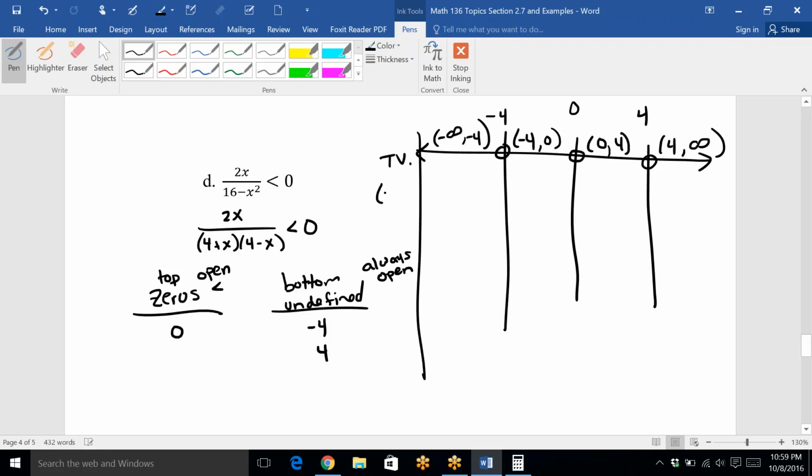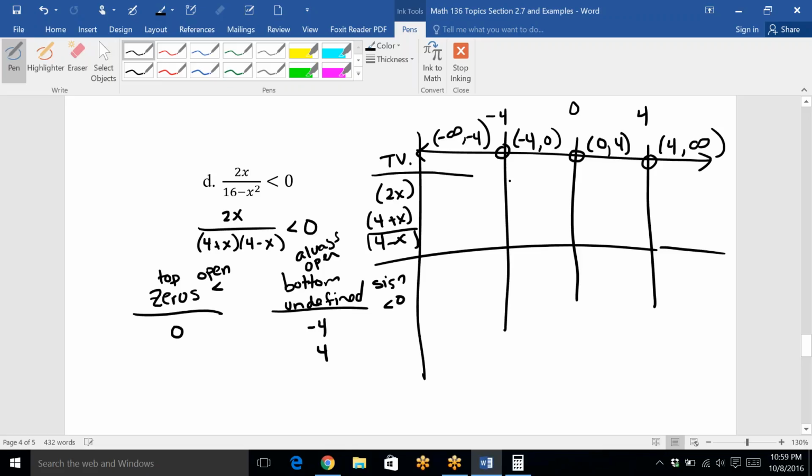And we're going to be plugging this into 2x, 4 plus x, and 4 minus x. Rewrite that right there, always open. And we're looking for an overall sign of less than 0.